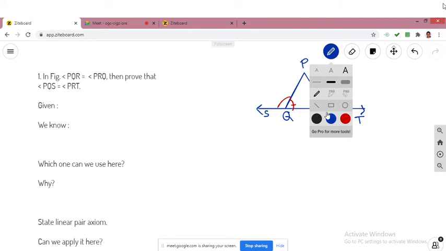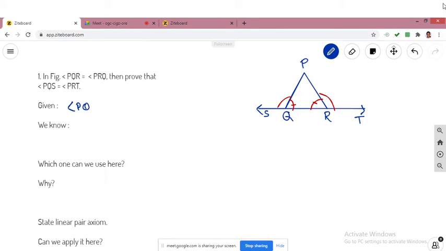Okay. So, what are the things given here? Angle PQR is equal to angle PRQ, ma'am. Yeah, so we are given that angle PQR is equal to angle PRQ.